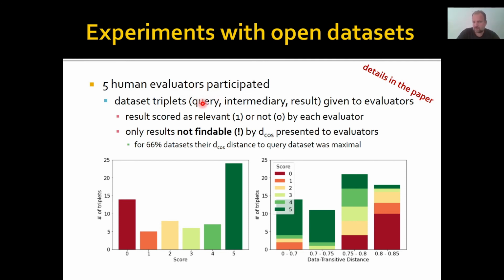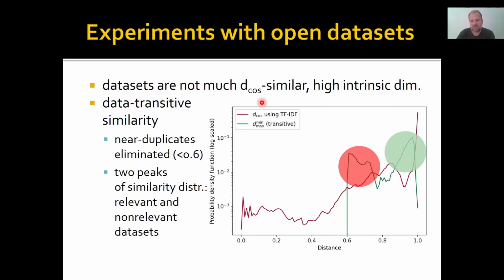That's the query example, but in the form of a dataset, not an image. Then there was a result dataset that was the answer to the query. And there was the one intermediary dataset that served as the actor that realized the transitivity in this distance.